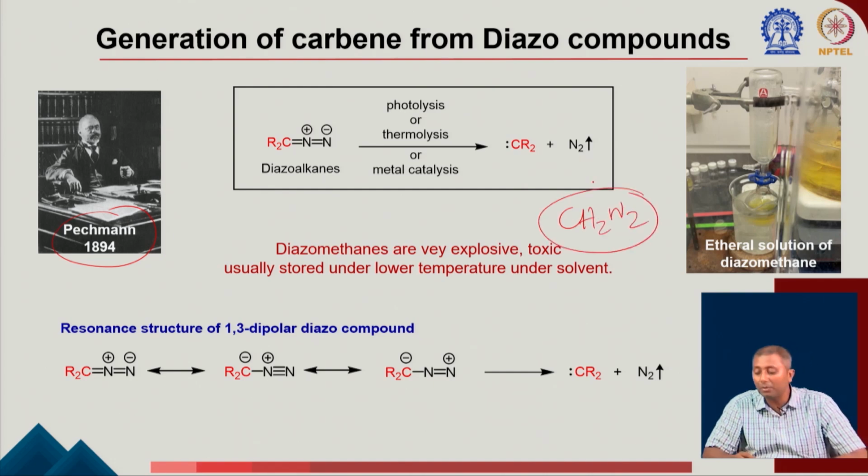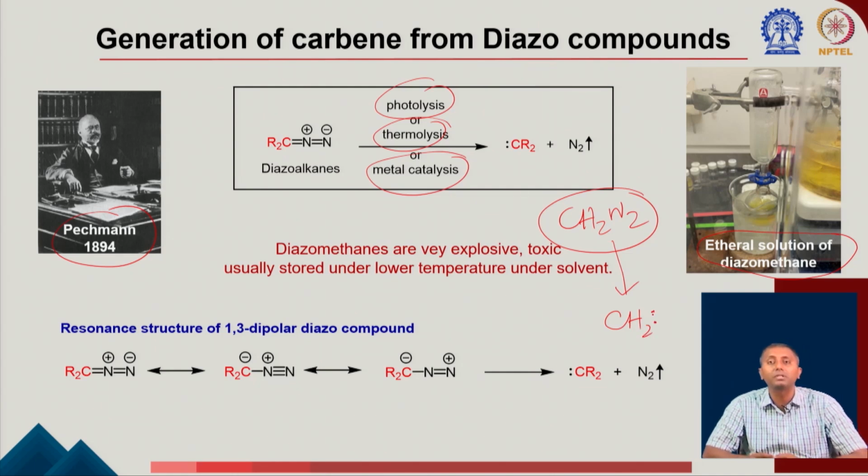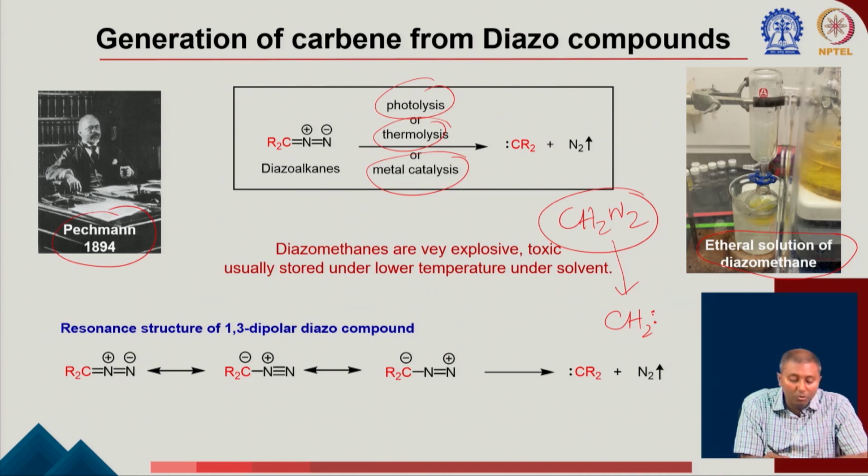Here, you can make an ethereal solution of this compound, and now once you take this diazomethane and go for photolysis or thermolysis or use a metal catalyst, it will go to form this carbene, via photolysis, thermolysis or metal catalyst. You can see here that we can draw the resonance structure of this compound.